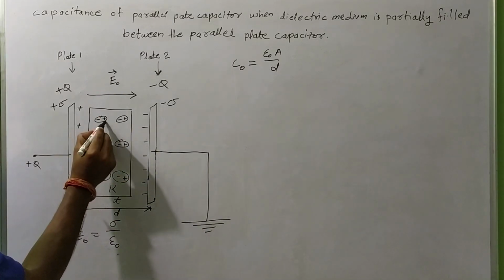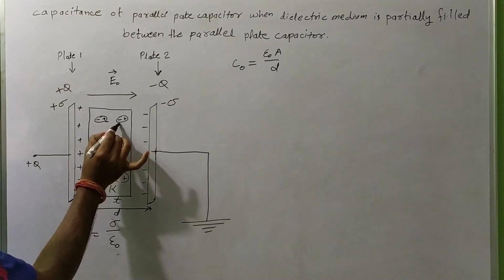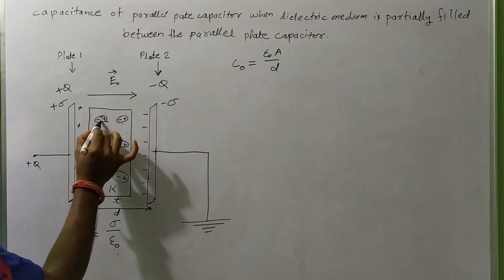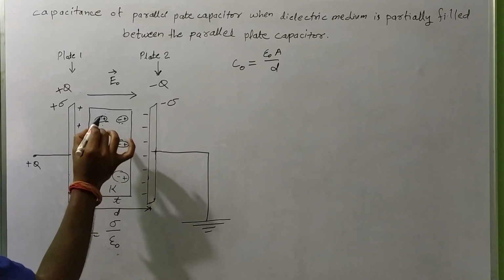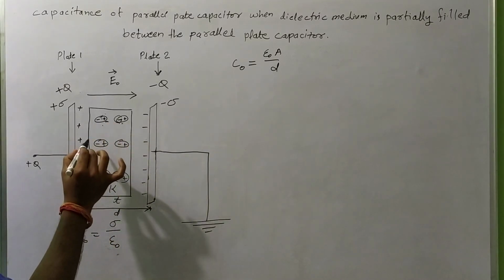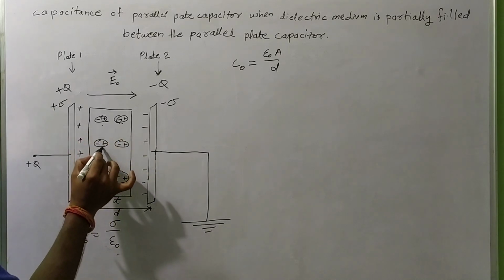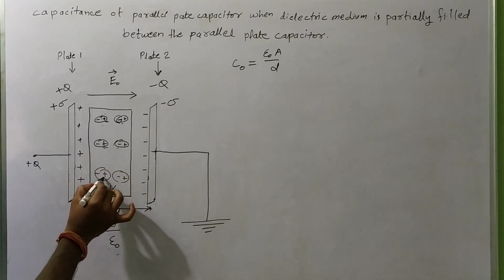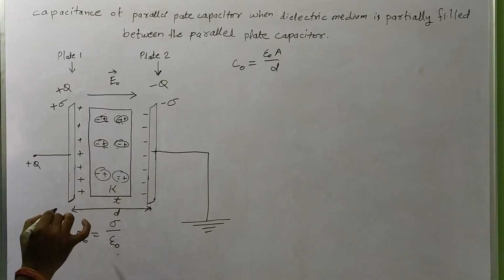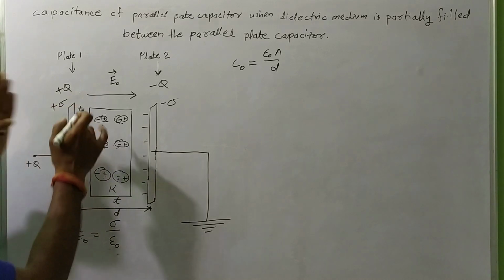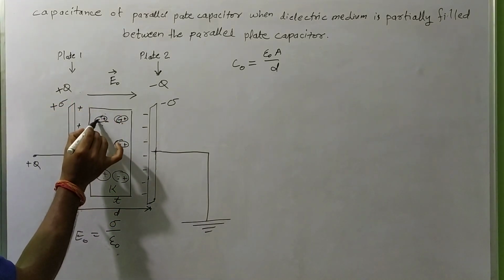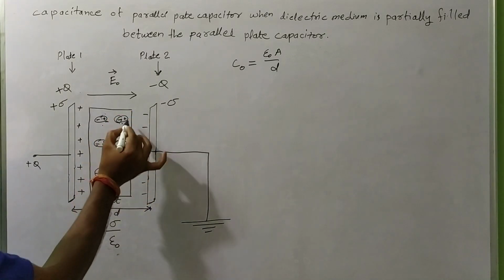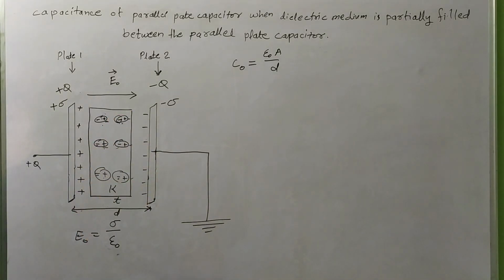Now this is a positive charge center and this is a negative charge center, and let this atom be very close to this atom, so this positive charge center will cancel the influence of this negative charge center, and likewise for the others. Now on this face, negative charge centers remain, and on this face, positive charge centers remain.